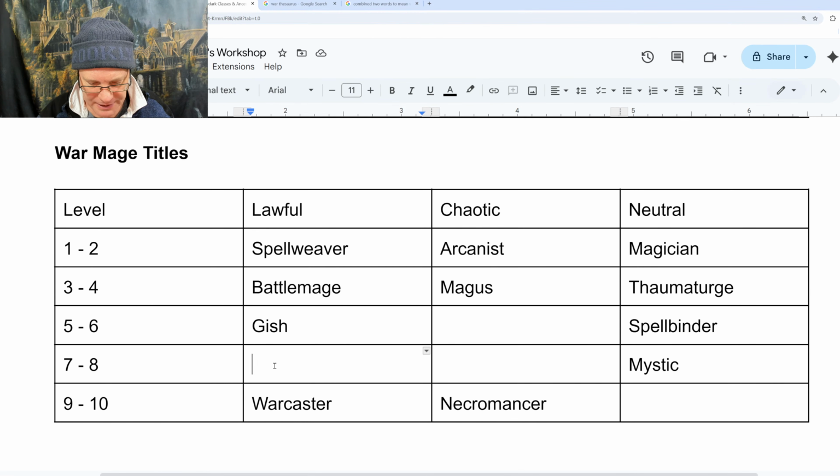Let's go with something else, I guess. It needs to be about battle and war. If we can get the word war or battle in there, we're kind of in the right place, right? Battle, war, combat. And almost all titles tend to be in Shadowdark one word, which is a very difficult thing to do, even if you combine things.